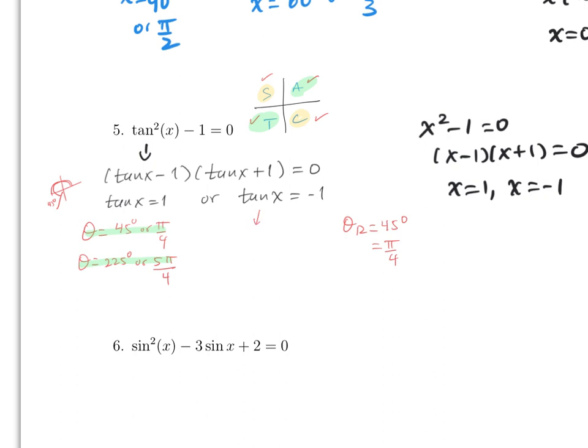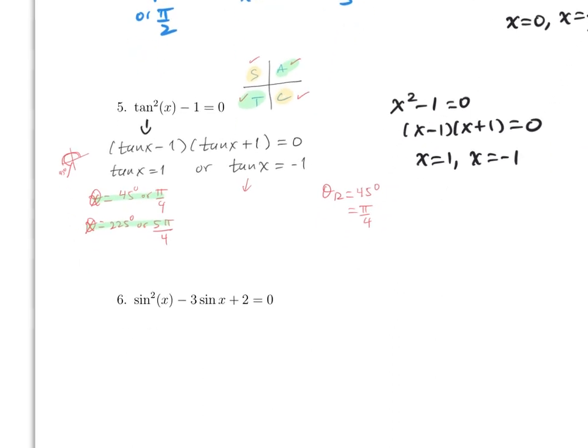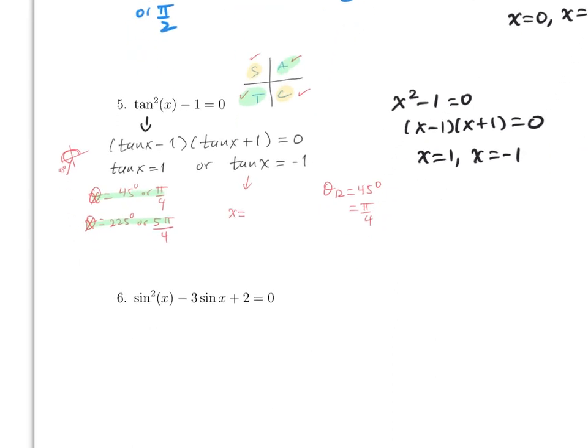So in the second quadrant, theta, which by the way, when I say theta, I always mean x for this value. So x, for this case, is going to be equal to 135 degrees or 3 pi over 4.